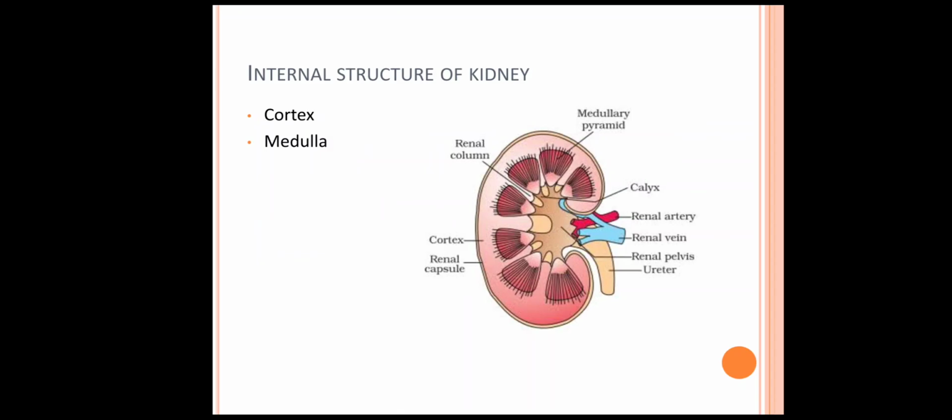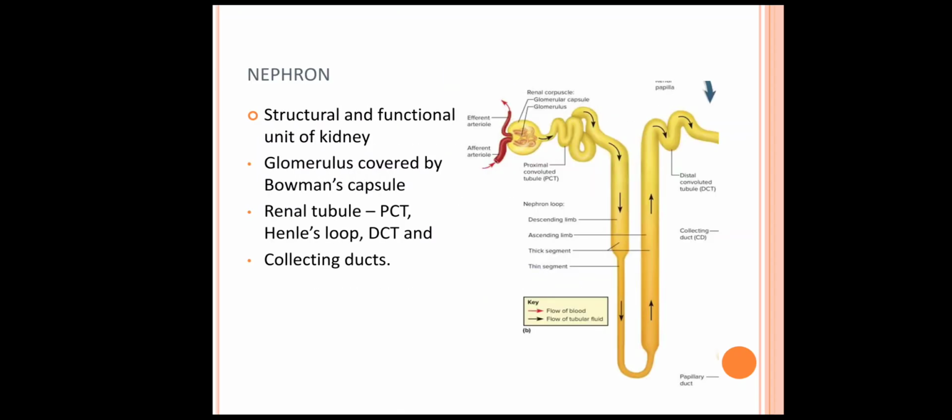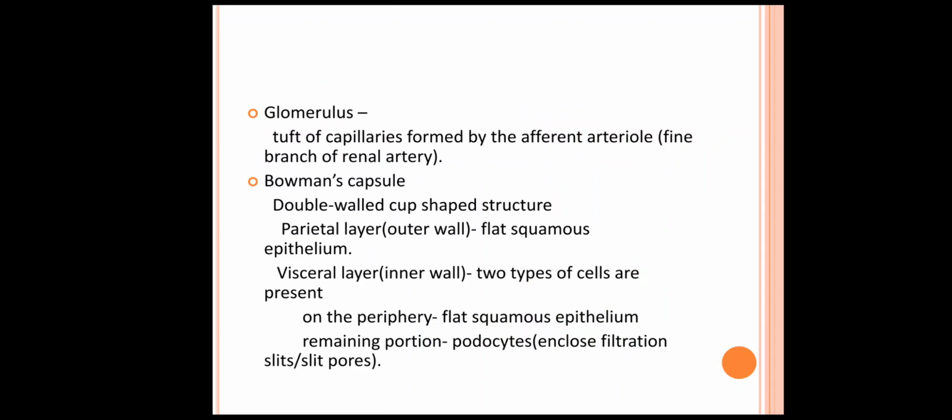Now, this tubular part is basically divided into three parts, which are PCT, Henle loop, DCT, and the last one is the collecting ducts. Let's discuss each structure one by one.